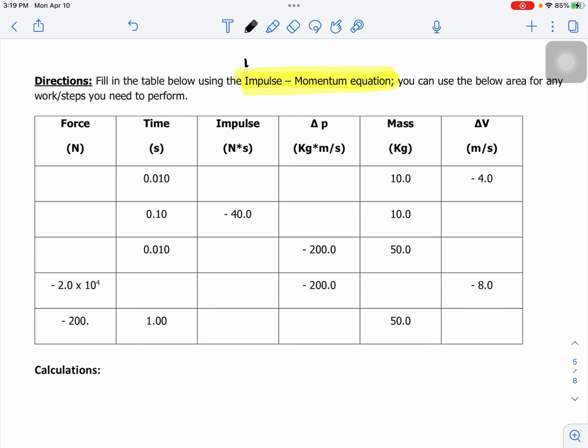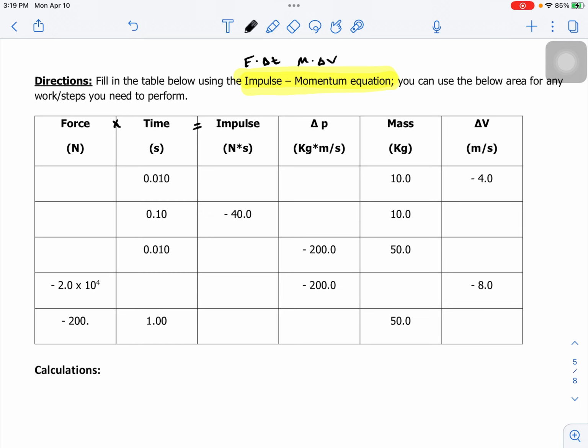Impulse is the product of the force times the change in time. So if you multiply force times time, you will get impulse. Momentum, now remember that momentum is mass times the velocity, but in the impulse momentum equation, it's actually the change in momentum.